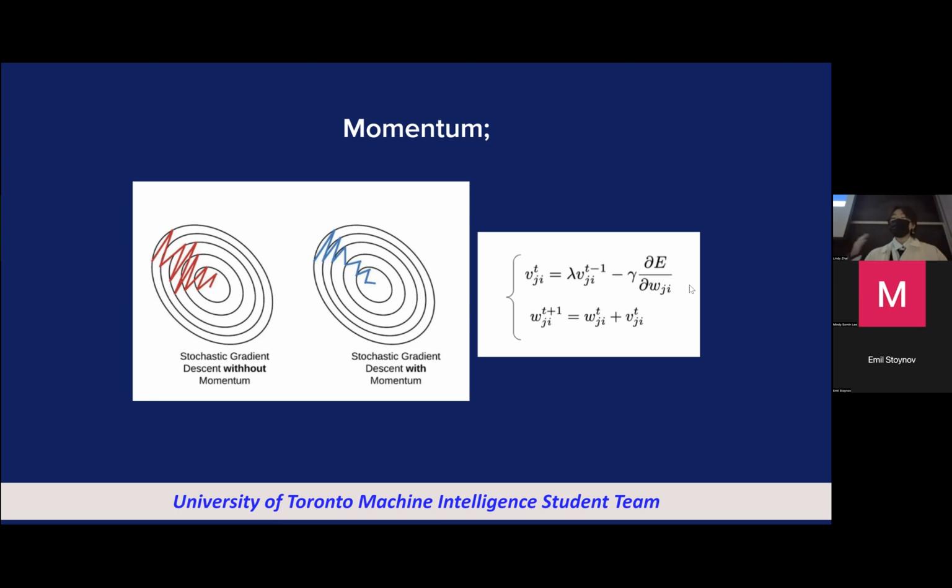So we're looking at the loss, the error that we produce, and the derivative of that with respect to the weight, the rate of change of the loss with respect to the current weight. Another way to interpret it is as the current direction that our data is going.